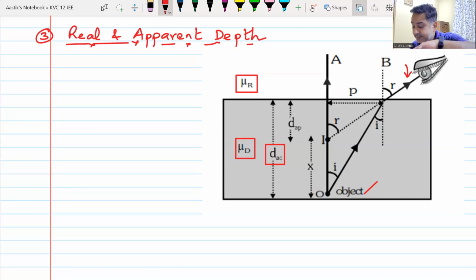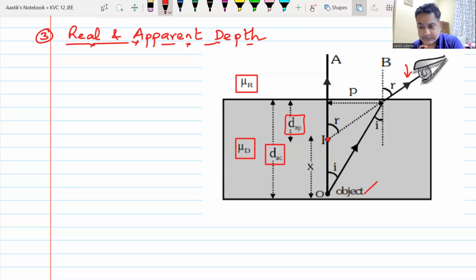Okay. The object is in the denser medium and we are watching it from the rarer medium. So what happens is light will get bent away from the normal and the object appears to be raised up. That is known as the apparent depth.